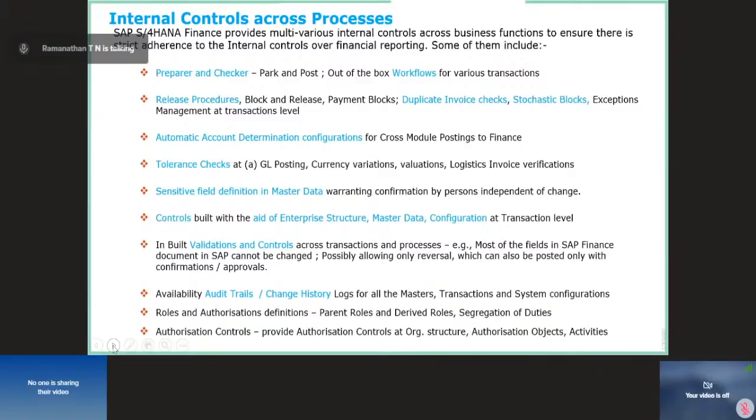Again, the same thing applies: block and release process, where there are exceptions, right? Example could be tolerances. You set certain tolerance checks. When there is an exception to that, logistics invoice verification, a particular vendor invoice is not in line with the rate of the purchase order, say exceeding 2% or not even zero tolerance.